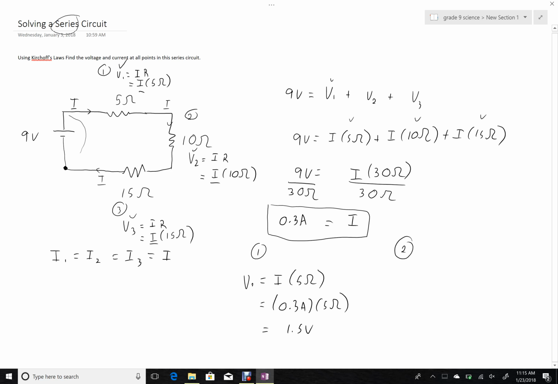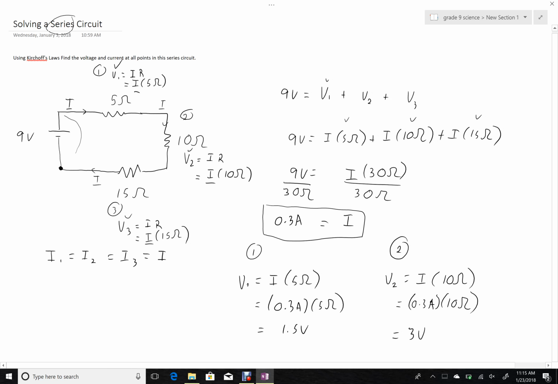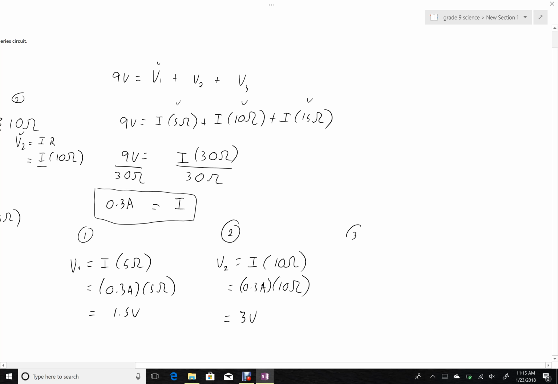At 2, my voltage is equal to my current times 10 ohms, so 0.3 amps times the 10 ohm resistor at that location for 3 volts. And finally at location 3, V3 is the current times the 15 ohm resistor, which would be my 0.3 amps times 15 ohms and a voltage of 4.5 volts.